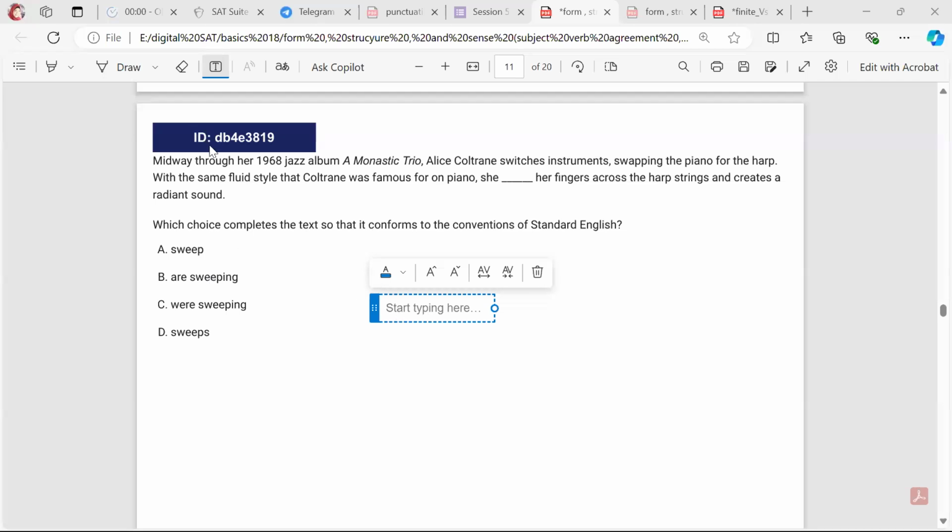After non-finite, it's verb tense. Okay, you can see that there is present and there is past, no problem. But mainly, did you check for singular and plural? Both B and C are plural, are and where. Okay, so this is plural, right? Is there anything else that is plural?